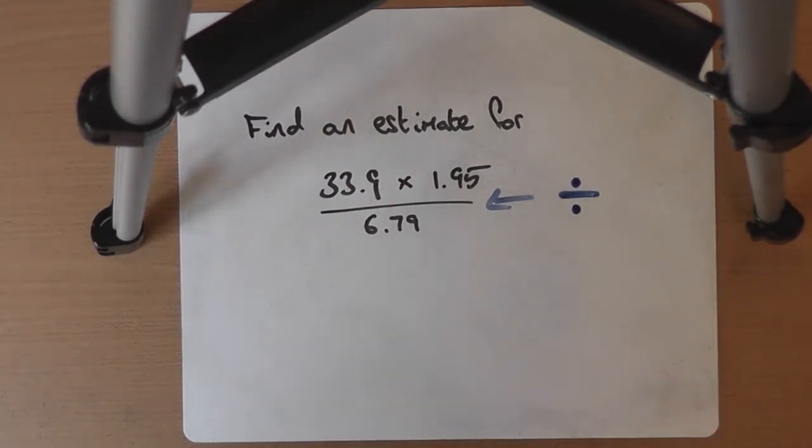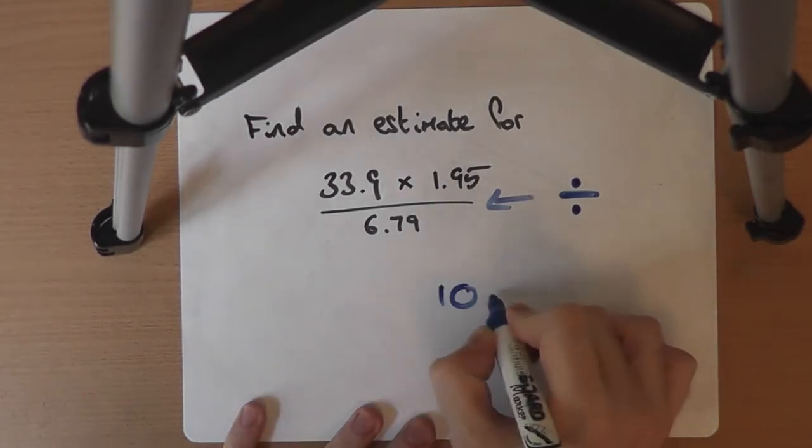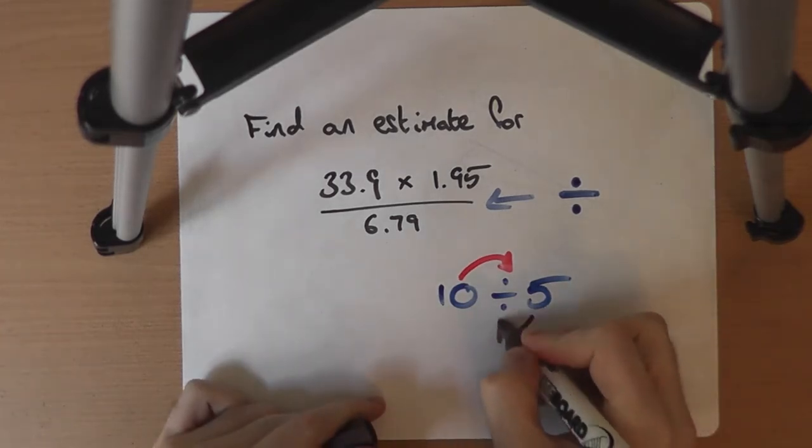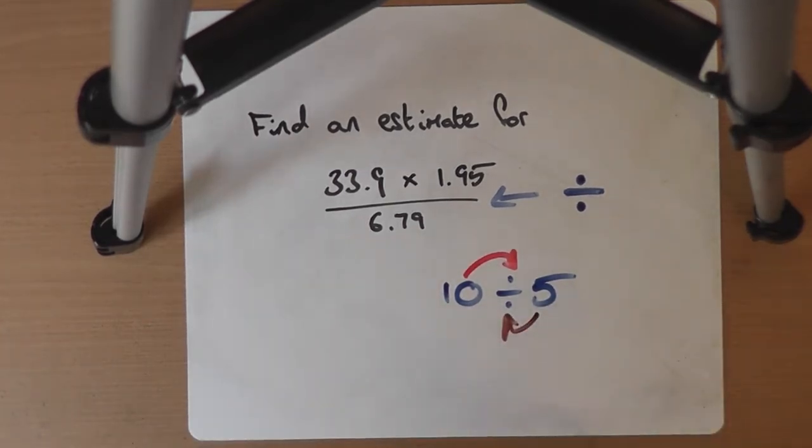For example, 10 divided by 5 again, where the dot on the top is a placeholder for the 10, and the dot on the bottom is a placeholder for the 5. And if we were to set it out in this way, we would have 10 over 5 with that line in the middle. That means exactly the same thing, and either presentation would give us the same answer of 2.